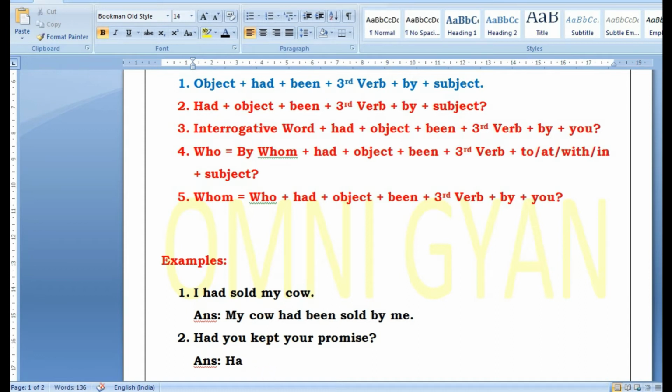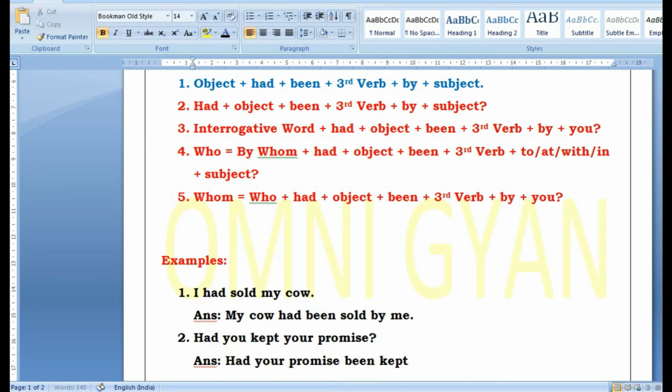So had, your object is your promise. So had your promise, and then you have been. Had plus object plus been. So had plus object, your promise, and then been. Had your promise been.